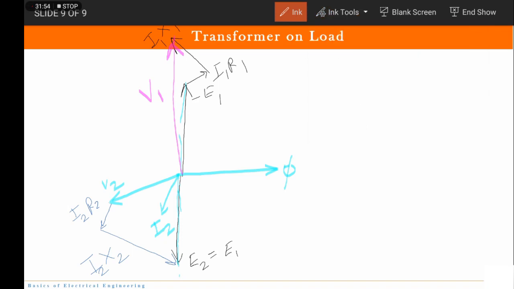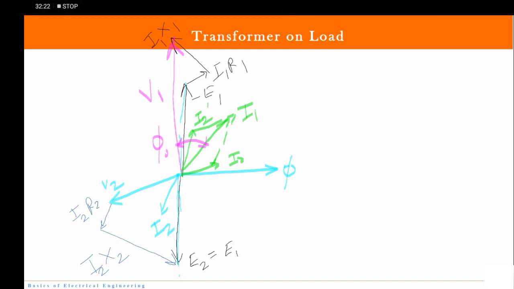We have to draw I2 dash and I0. So this I2 will have opposite I2 dash. Here we have, say, I0. The resultant of these two will give me I1, and the phase angle between I1 and V1 will be phi 0. So this is how the phasor diagram is drawn.